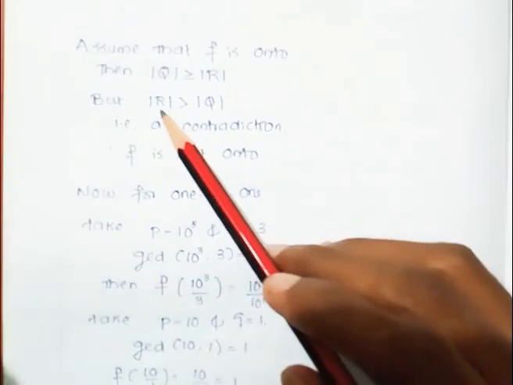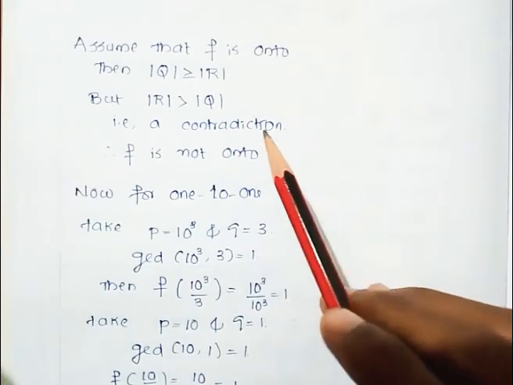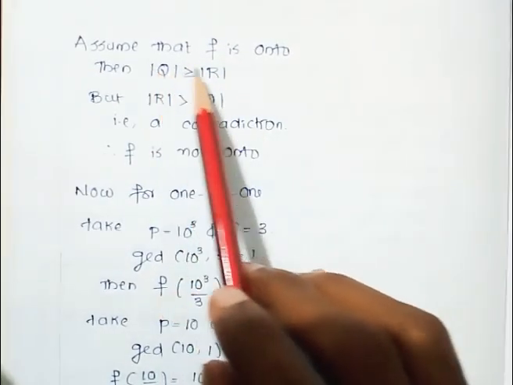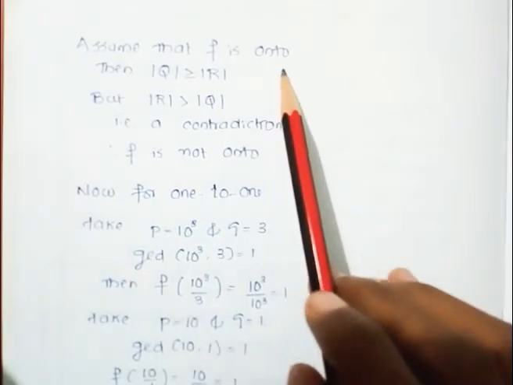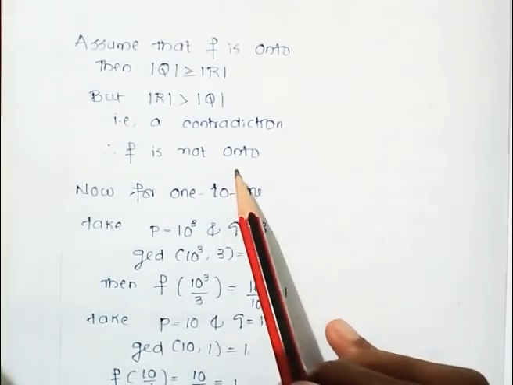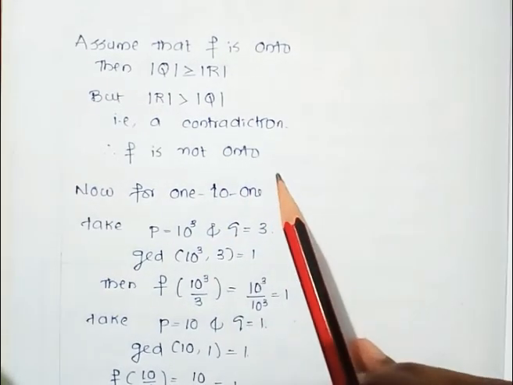So the cardinality of R is greater than the cardinality of Q, that is, we get a contradiction. This is because our assumption is wrong. So our assumption that f is onto is wrong, therefore we can conclude that our function is not onto.